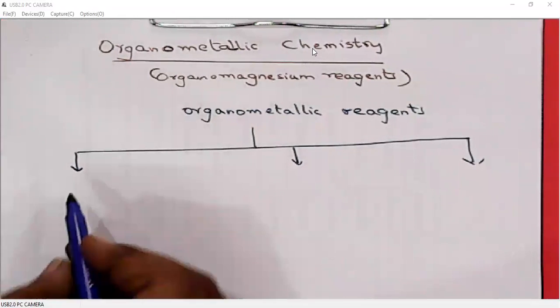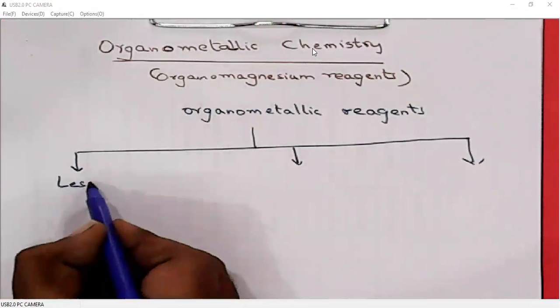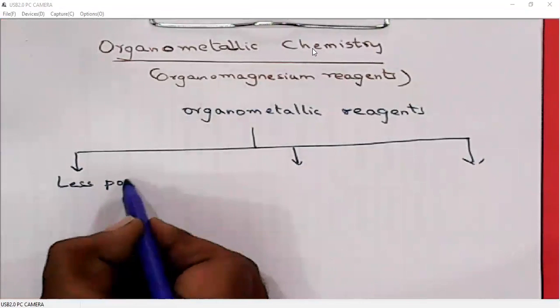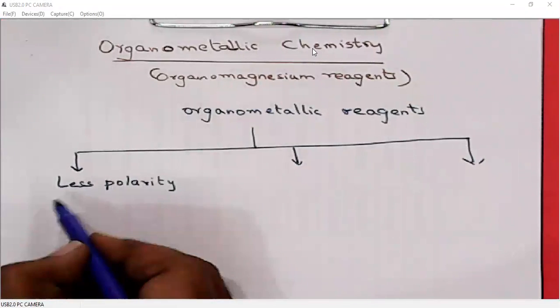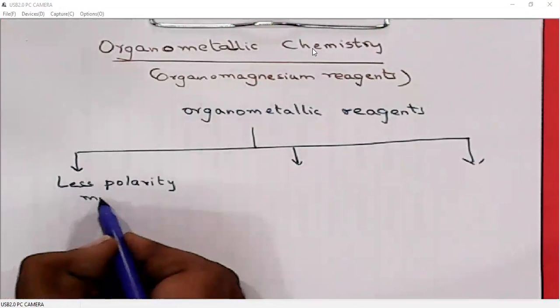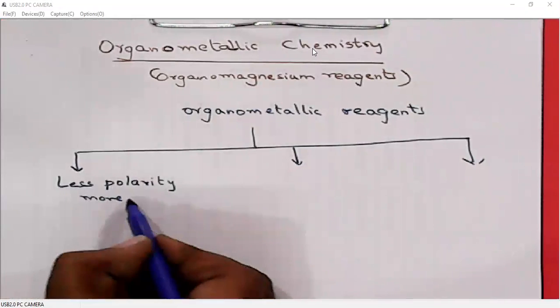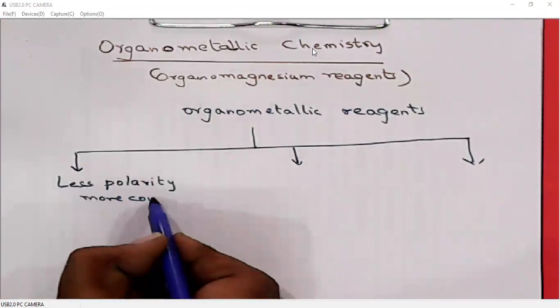Now, based on the polarity of the carbon-metal bond, organometallic reagents are classified into three categories: more less polarity or more covalent.